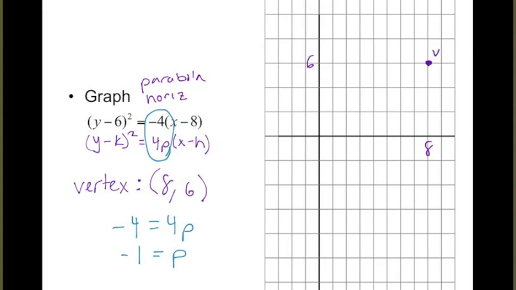So since this thing is horizontal facing, I'm going to go sideways negative 1 to get my focus. And opposite, I'm going to go sideways positive 1 to get the directrix. One is considered to be like a standard p-value, so this is going to be not wide and not skinny. It's just going to open up around that focus.